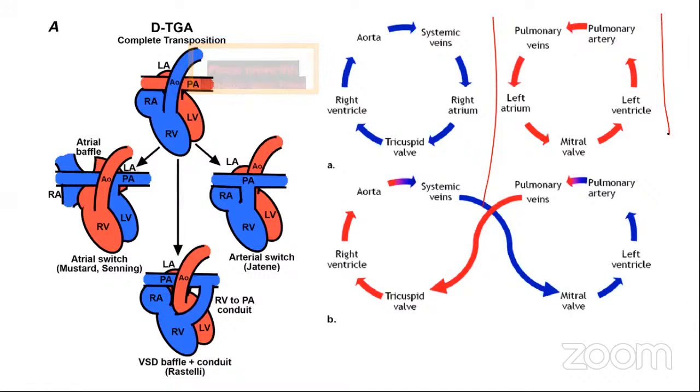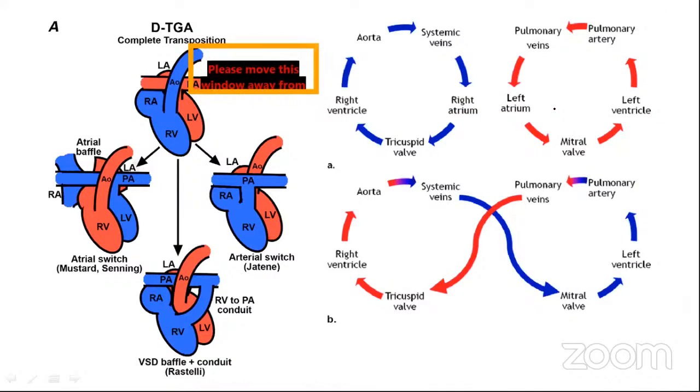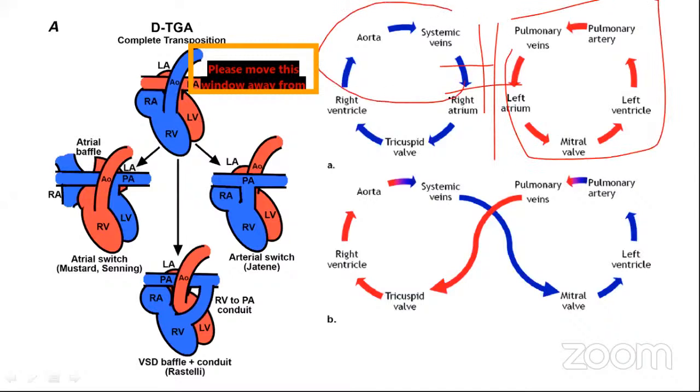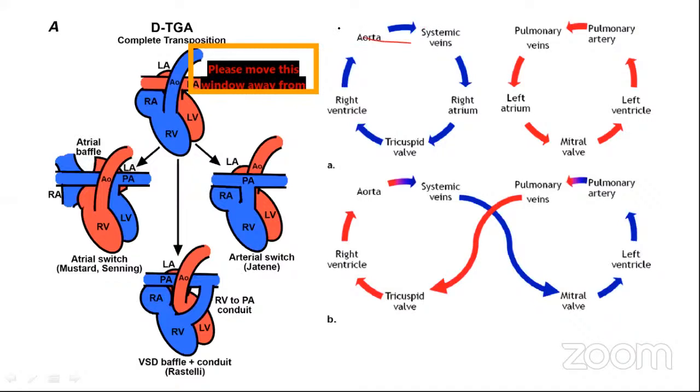So that is why a TGA will always be accompanied by something. For survival, a shunt is required: either an ASD, VSD or a PDA. Any of these three must be there for mixing of blood between the two circulations, or else these are two parallel circulations and the child won't survive. So you need a shunt here.